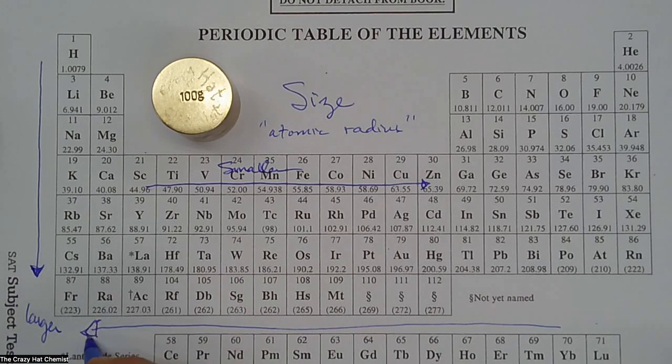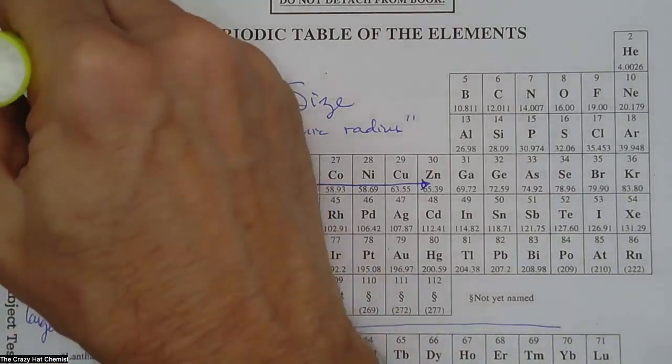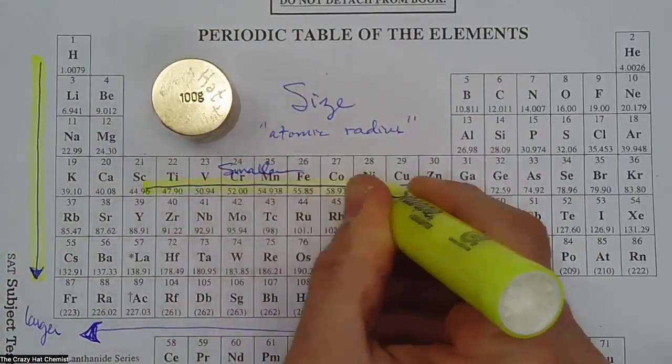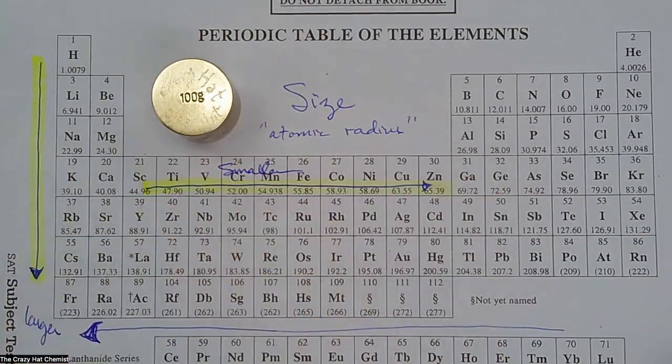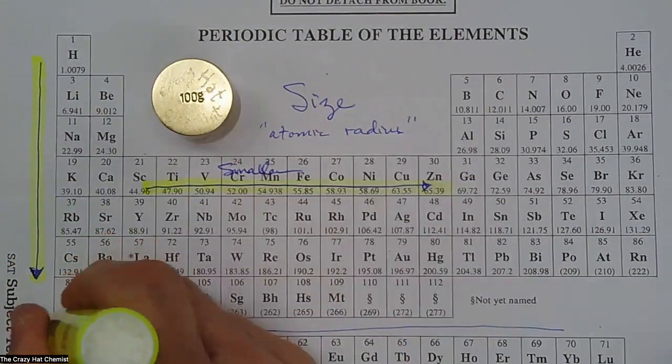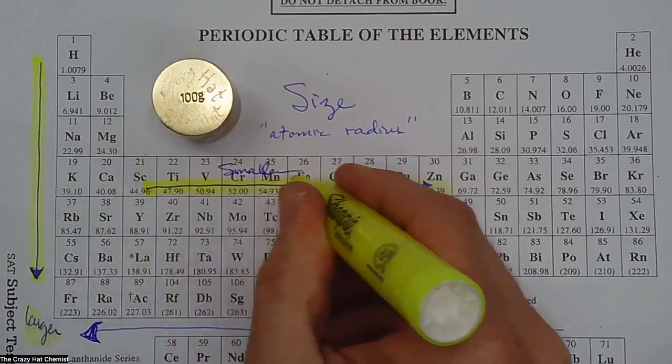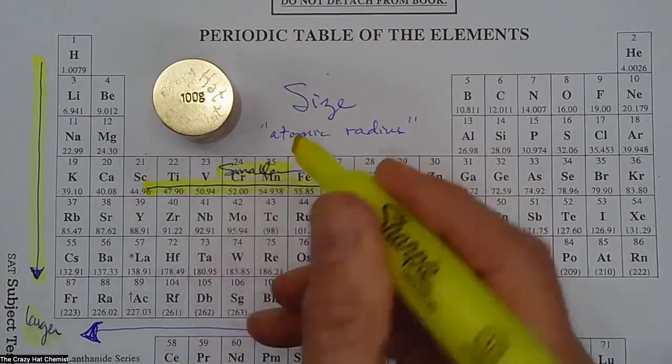So I'm just trying to get students to remember a particular trend. The correct trend for all textbooks, so just make sure that you note this, is the following. As you go down within a group, they get larger, okay? And as you go to the right within a period, they get smaller.